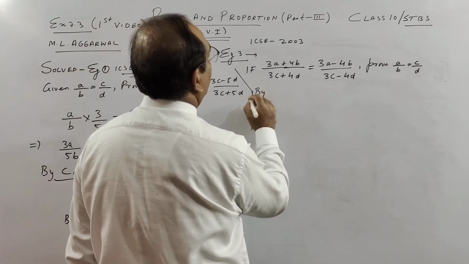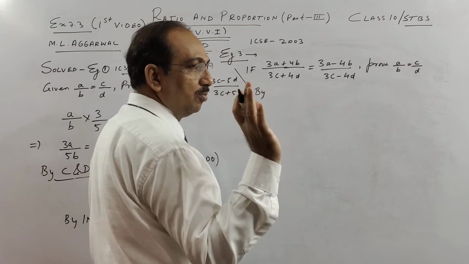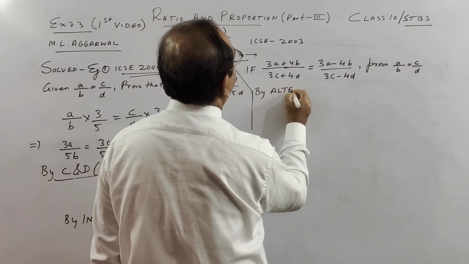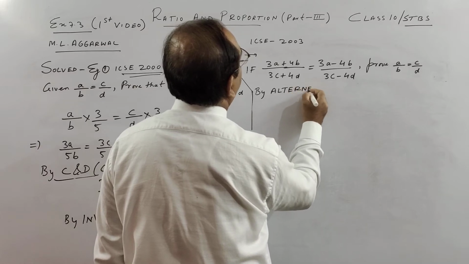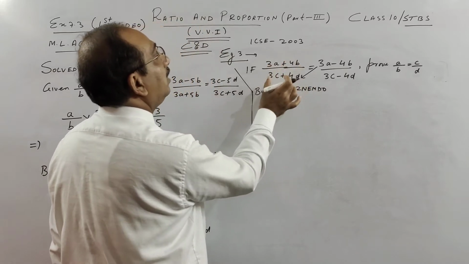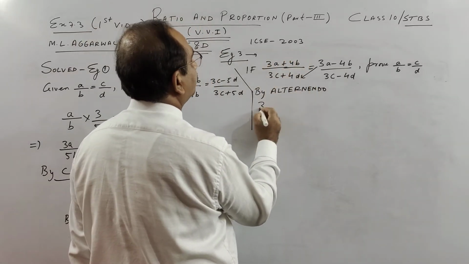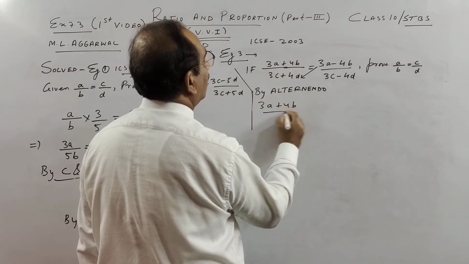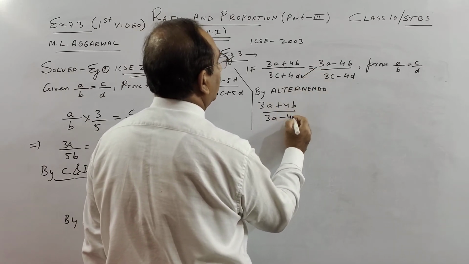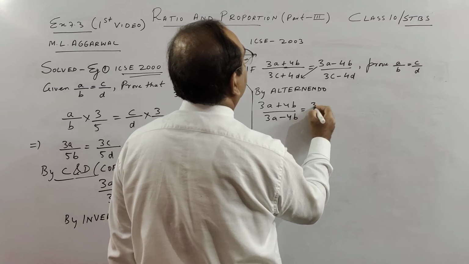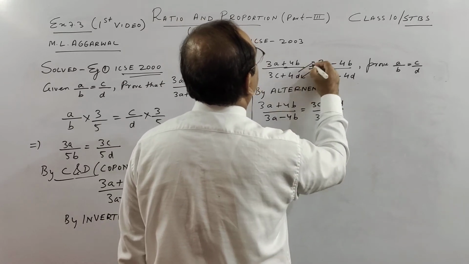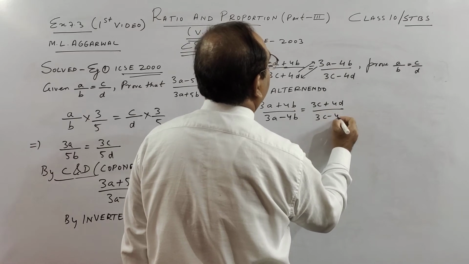So before I apply componendo and dividendo, by alternando, what happens, children? Generally positive is up, negative is down. 3c plus 4d, and 3c minus 4d.